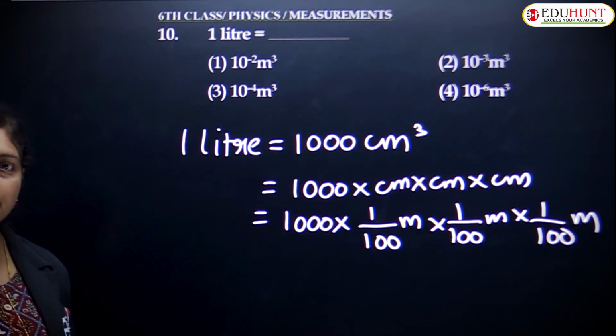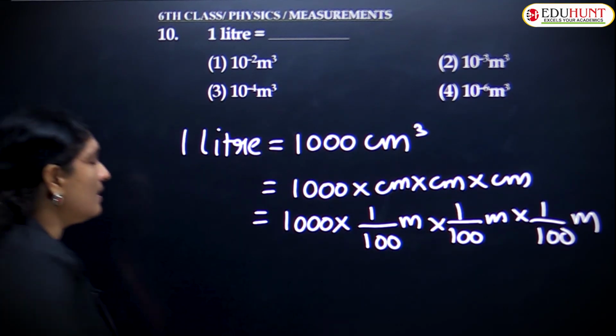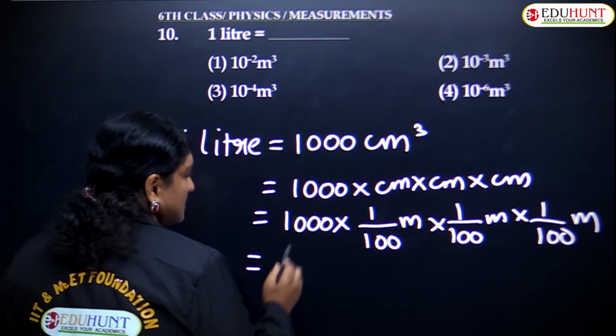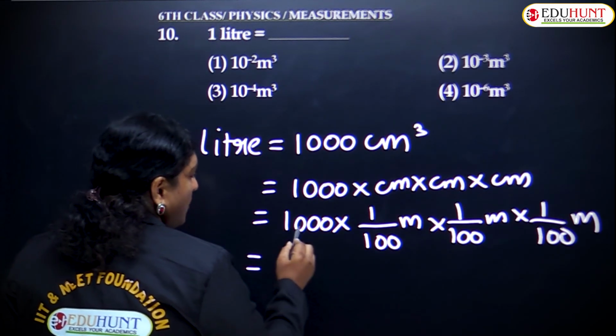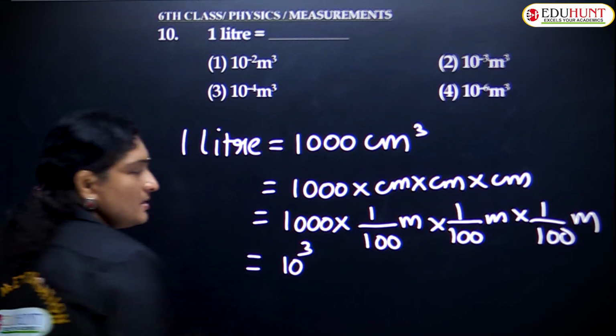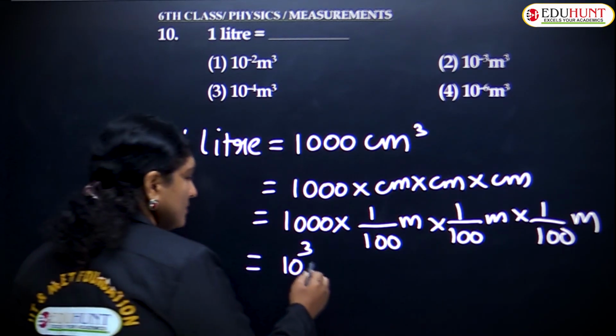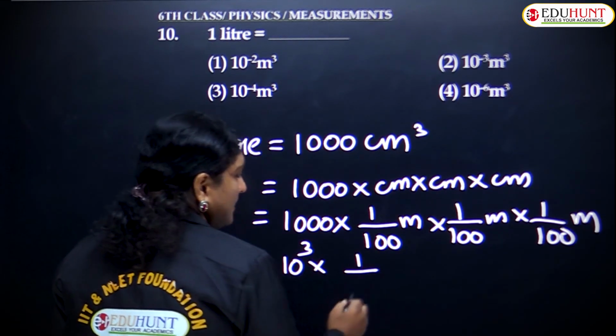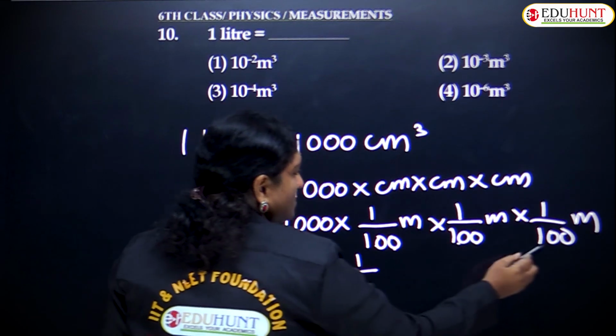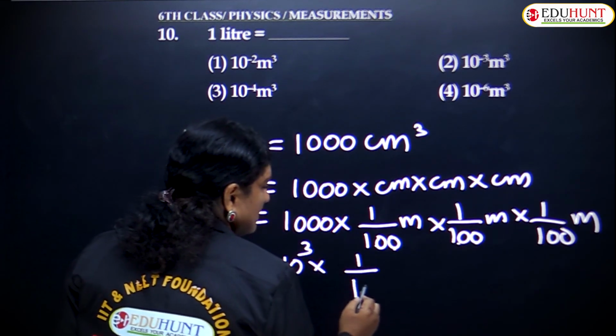Isn't it, children? Okay. So can I write it as 10 power 3 into 1 by 2 zeros, 2 zeros, 2 zeros. How many zeros? 6 zeros.